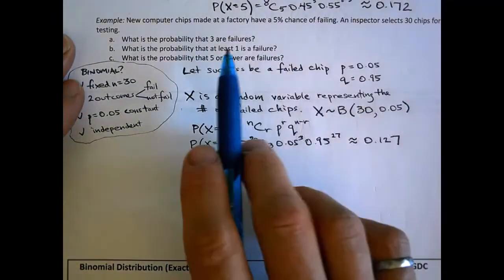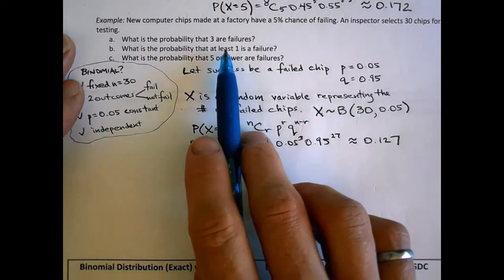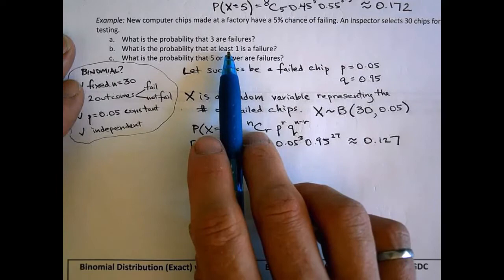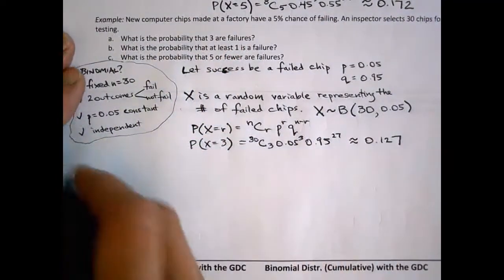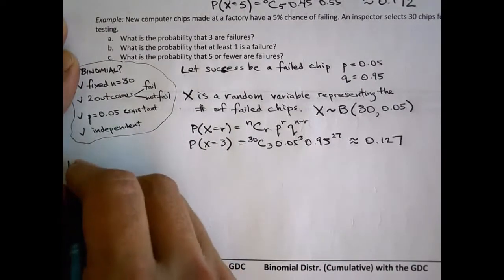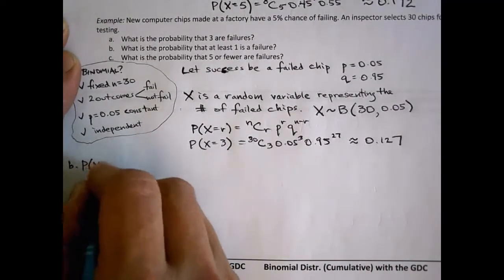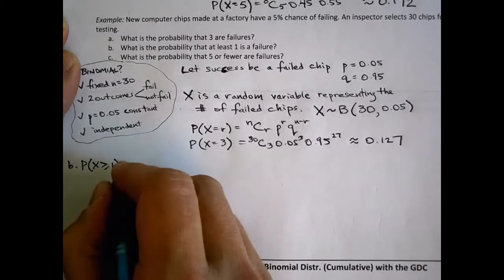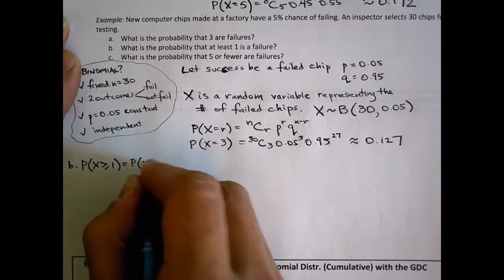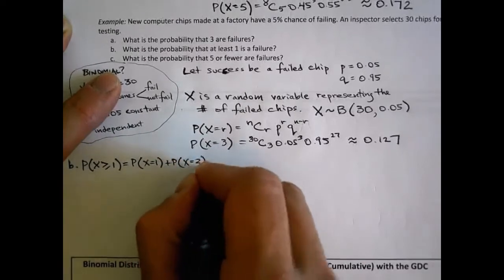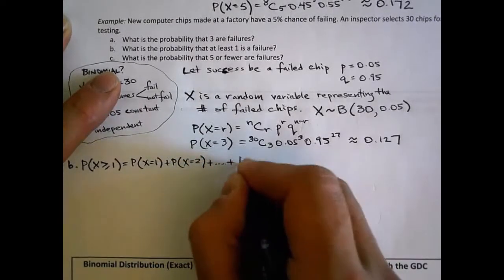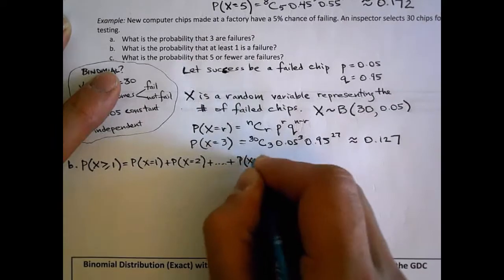That would mean you could have one failure, two failures, three failures, four failures, right? At least one. So for part B, it would be the probability that x is greater than or equal to 1. Just as I said, that's the probability of one failure plus the probability of two failures plus all the way up to the probability that all 30 are failed.